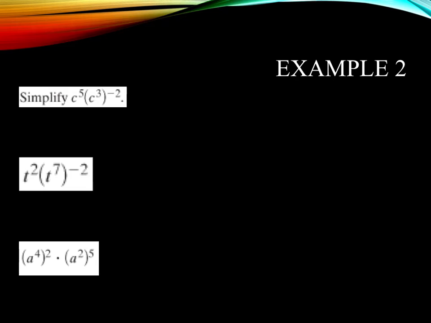For example 2, we have a little bit more going on here, but we're going to apply the properties of multiplying exponents that we've learned so far. So for this first part, we have c to the 5th times c to the 3rd raised to the negative 2nd power.